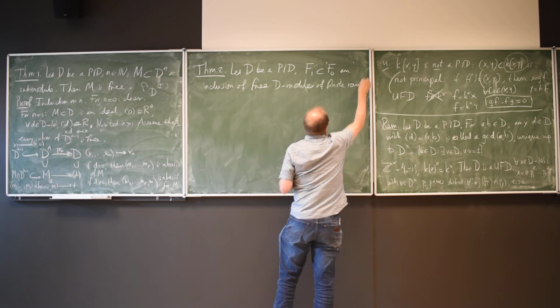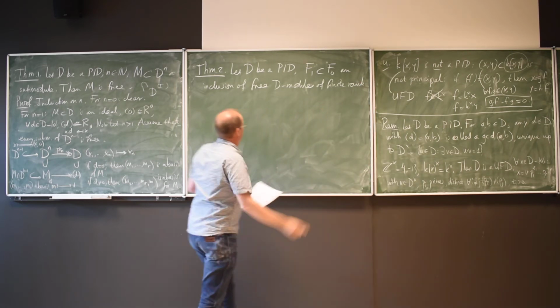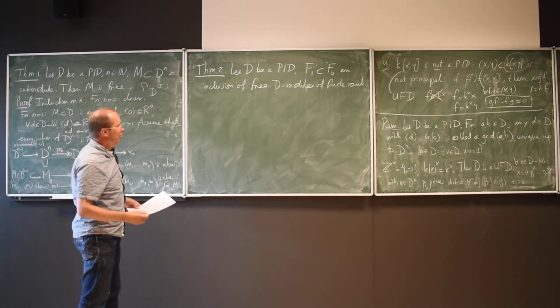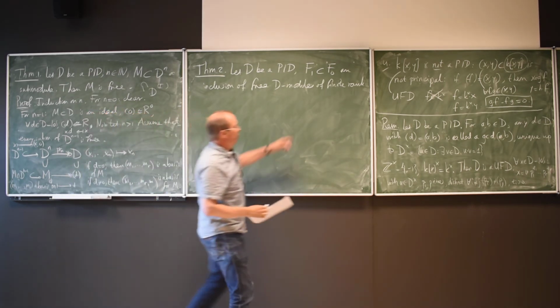The rank is the n for which F0 is D to the n, say. So you could say free finitely generated D modules.